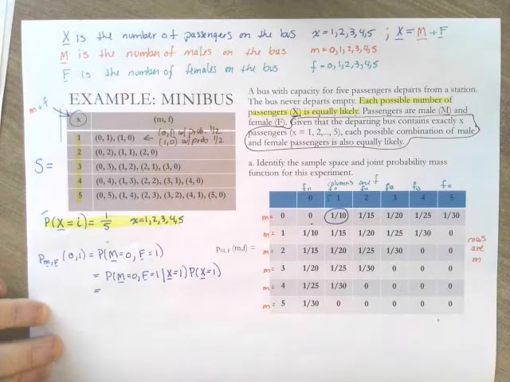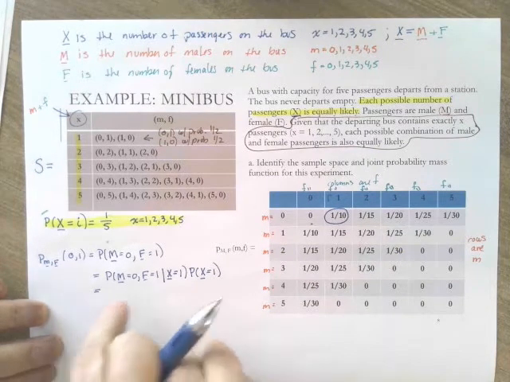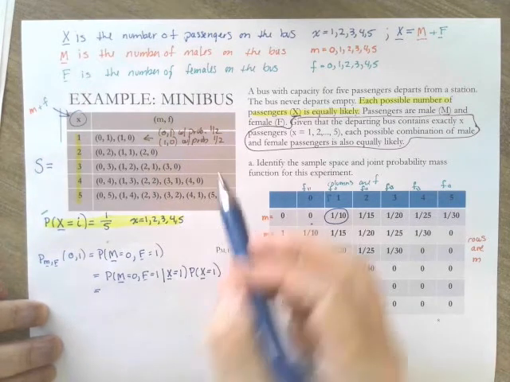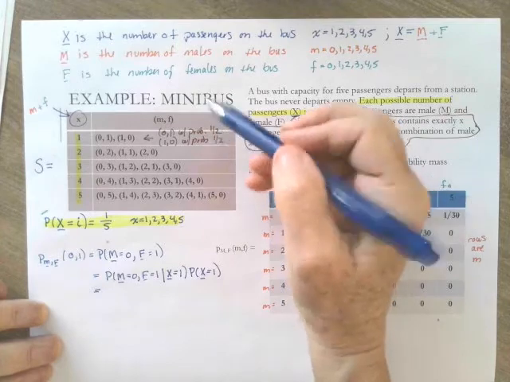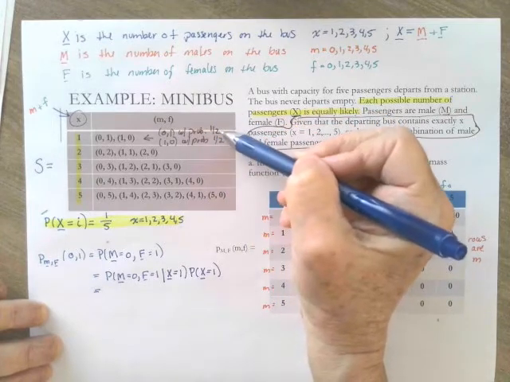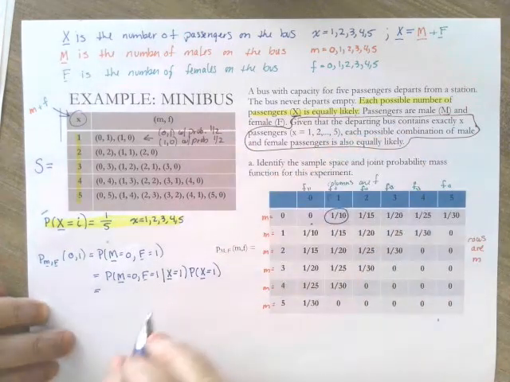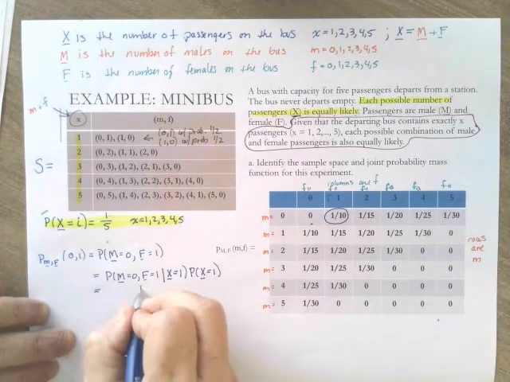So what have we got here? The probability that we have a 0, 1, given that we have one person on the bus. Well, 0, 1 occurs with a probability of 1/2, because there's only 2 outcomes when we have just one on the bus. So this piece of the equation is going to be 1/2.